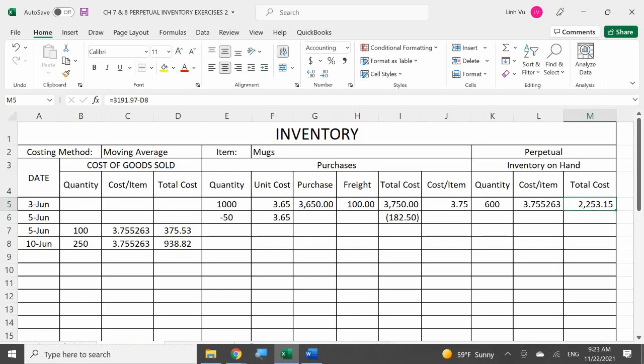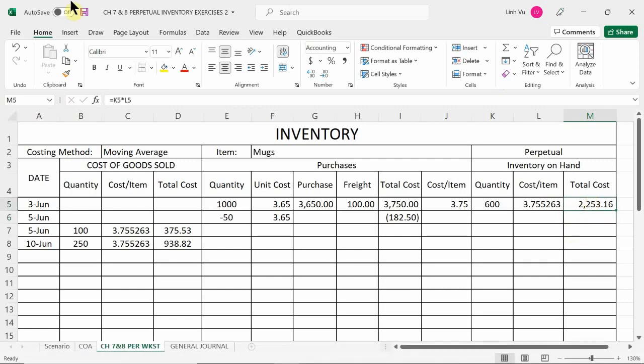Now it's up to you. I prefer to just have my total cost figured out and calculated by doing that. But as you can see here, this is where I got my discrepancy, because it should be 5, right? Not 6. So I ended up adding an extra penny somewhere.